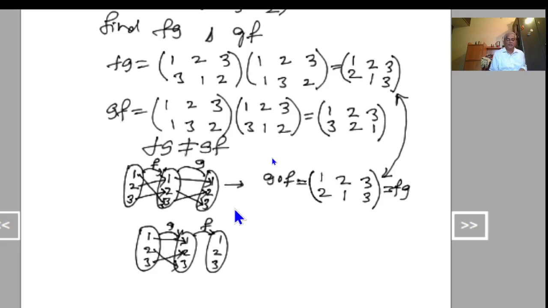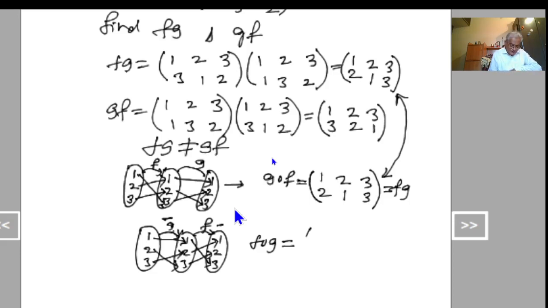And in F, 1 is mapped onto 3, 2 mapped onto 1, 3 mapped onto 2. And we denote by like this, F composition G. This is our F, this is our G.